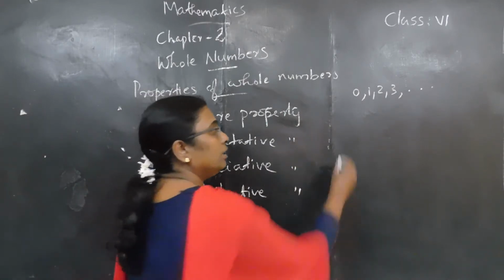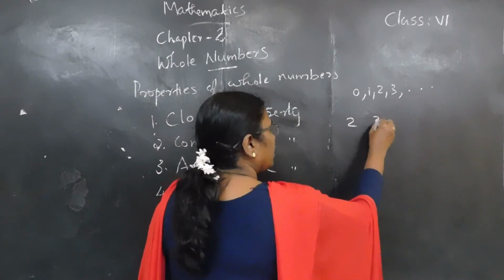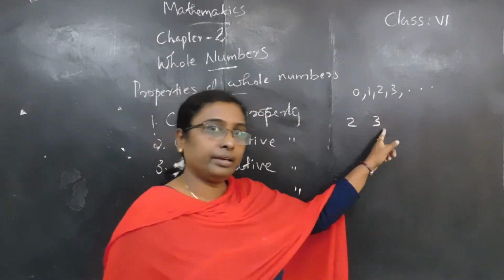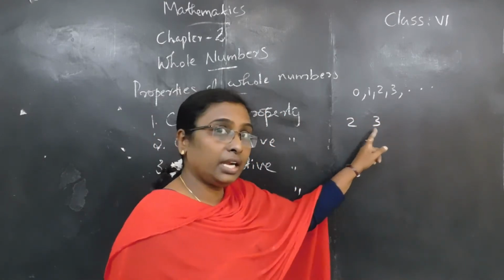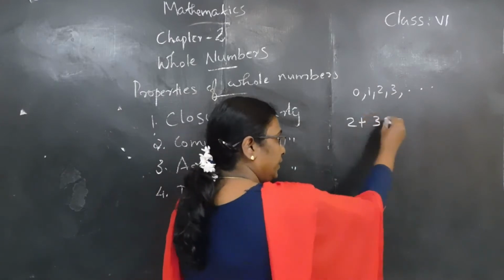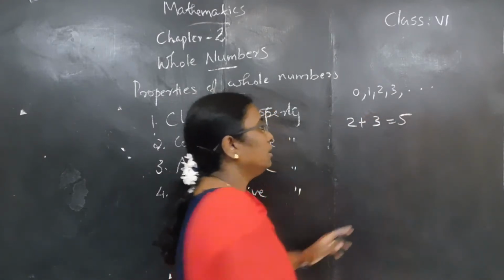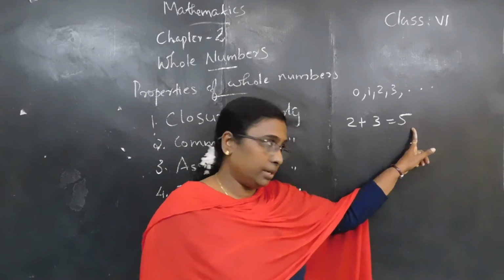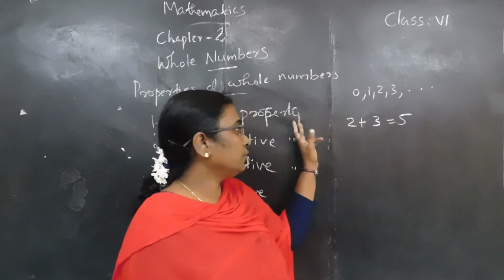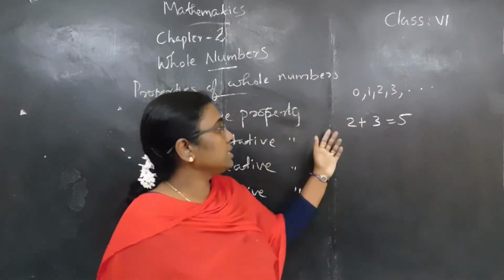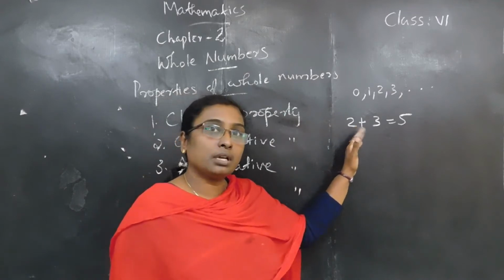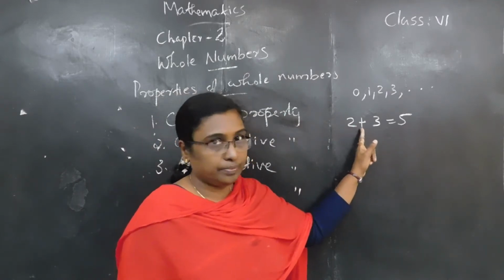For example, 2 and 3 are whole numbers. If we add 2 and 3, we get 5. 5 is also a whole number. Therefore, we can say that whole numbers are closed under addition.